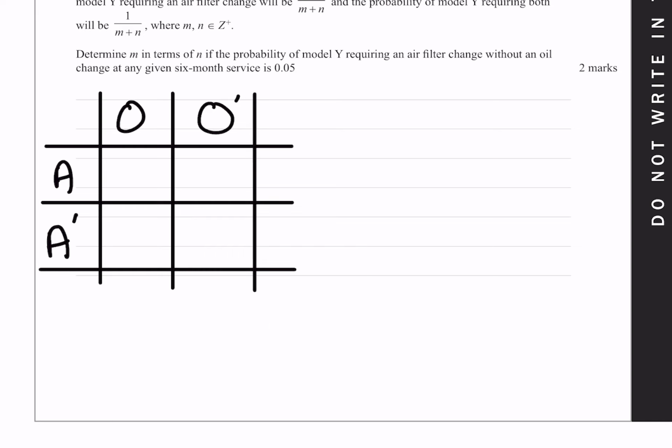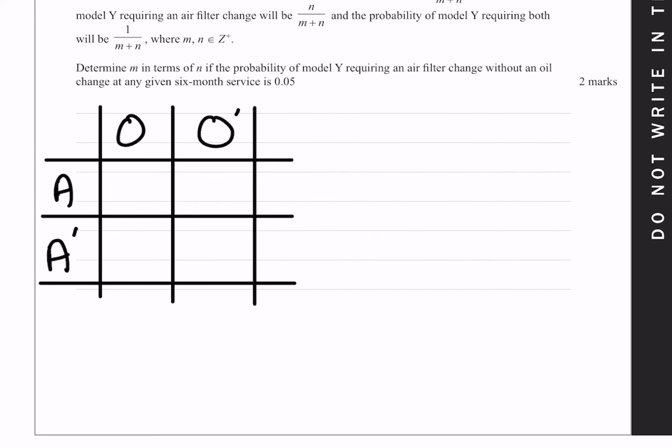I always recommend using a probability table for these type of questions. It makes life much easier.